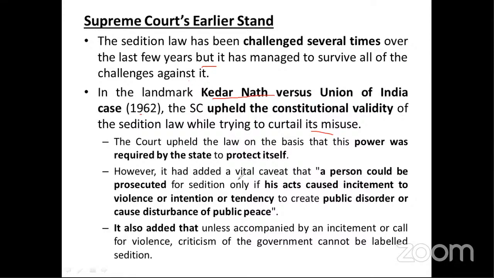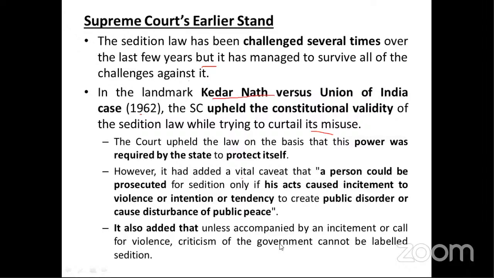However, the court added the vital caveat that a person could be prosecuted for sedition only if the act causes incitement to violence, or has the intention or tendency to create public disorder or cause disturbance of public peace.